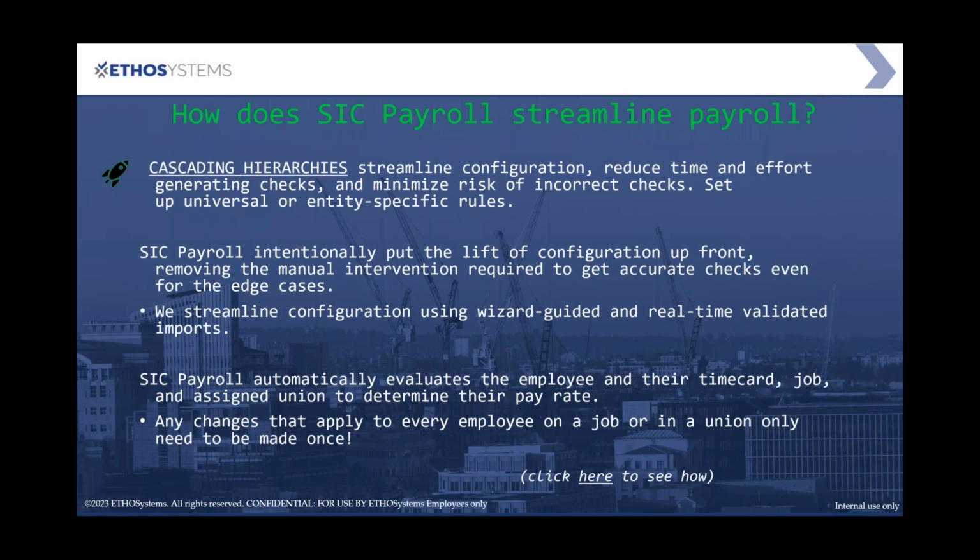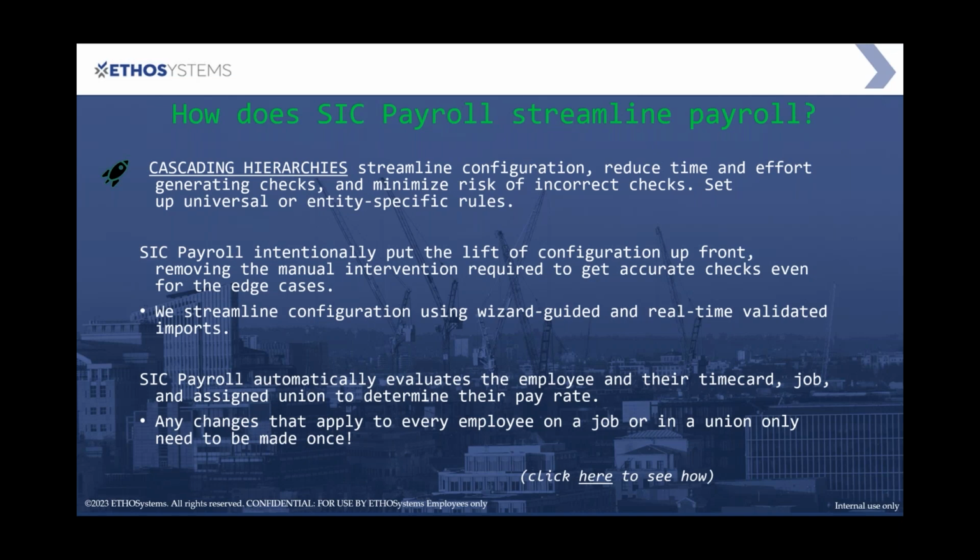From a configuration standpoint, the data as it relates to construction payroll, there's multiple ways that that data can really come into the system. The data can be manually keyed in, of course, but we also provide a number of wizard-guided, real-time validation imports.